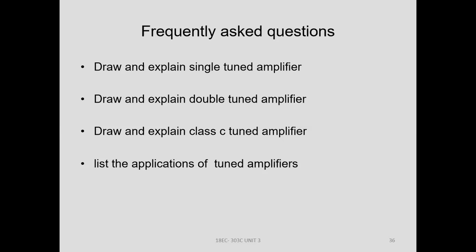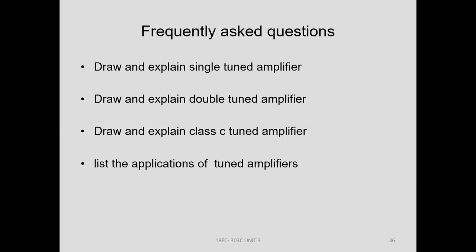In the next session, I'm going to explain the fourth unit, that is oscillators. Till now we discussed amplifiers. What is an amplifier? It is a circuit that amplifies the signal. Based on the signal amplification, these are classified into small signal and large signal, that means voltage amplifiers and power amplifiers. Those two we discussed till now.